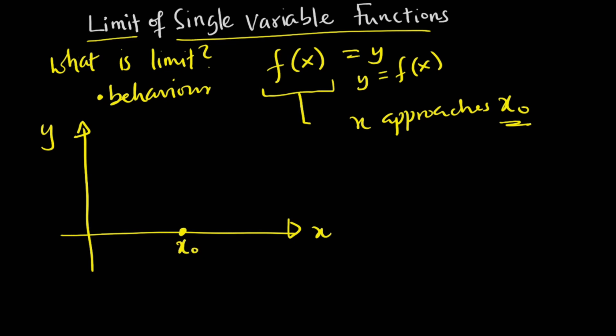We are interested in what happens as the value of x approaches this x naught, either from this direction or from this direction. What happens to the value of y? So let's say at this point this value is here, and at this point this value is here.